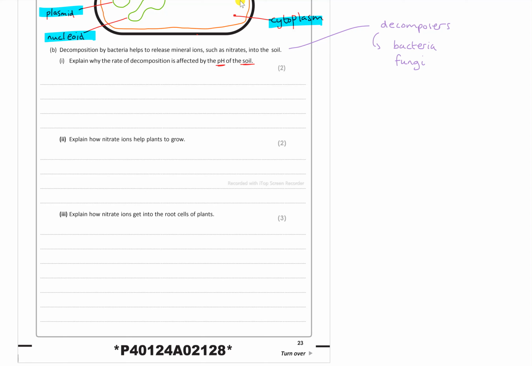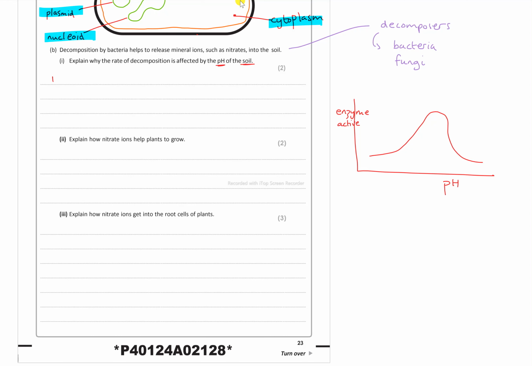Right. What happens if you've got high pH? Remember, there's this curve. This is pH and this is enzyme activity. So at low pH, the enzyme is not active, and then really it should go down here, and I suppose it'll just die. So there's an optimum pH.